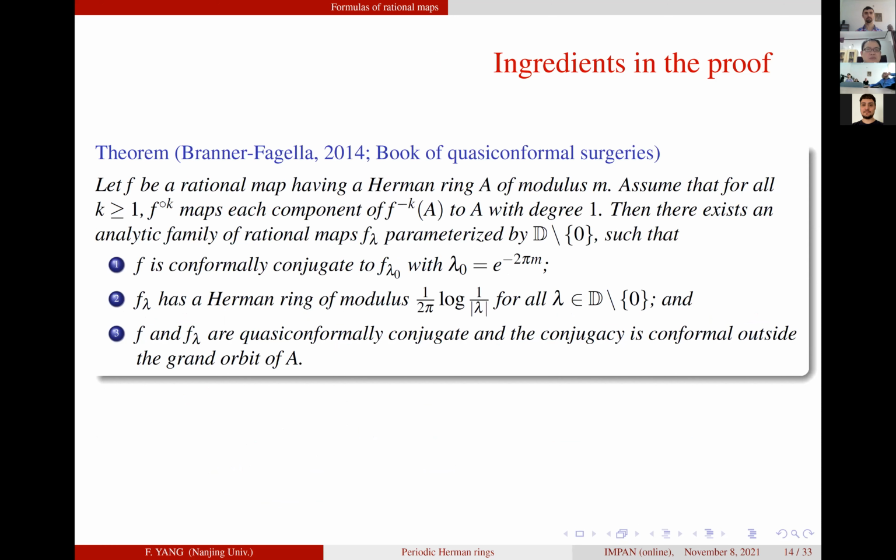And how to use the deformation of Herman rings was actually proved by Branner and Fagella in their book.